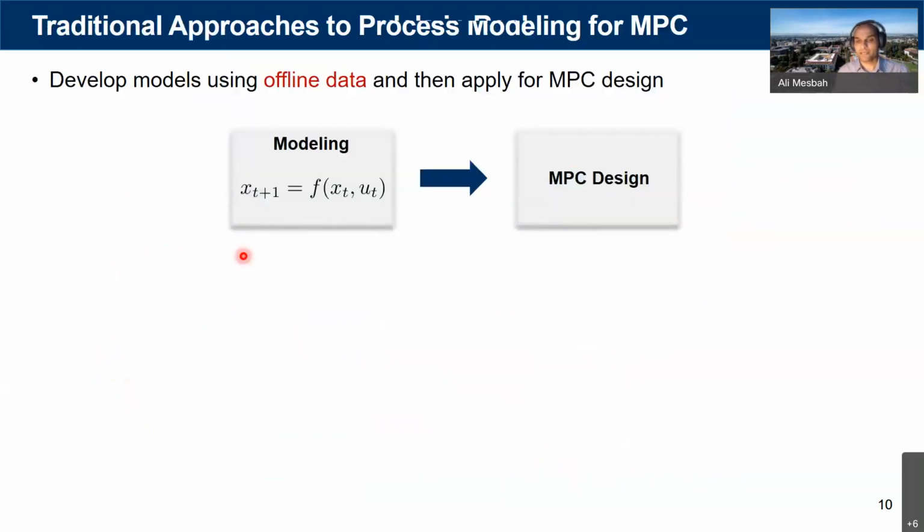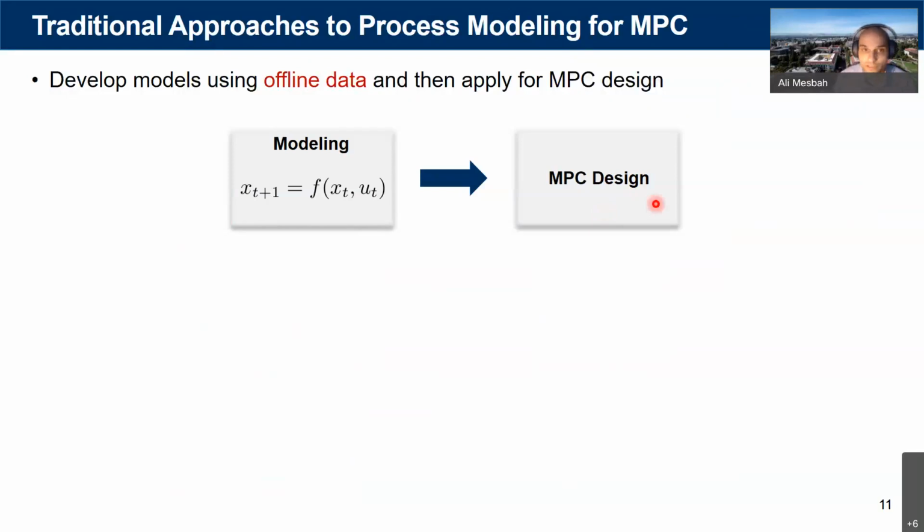So let's take a step back and very quickly take a look at the traditional approaches to process modeling in MPC. The traditional approach is to use offline data to develop some model, and then this model, in a separate step, can be used to design your controller. Essentially, the modeling and the controller design are treated separately.